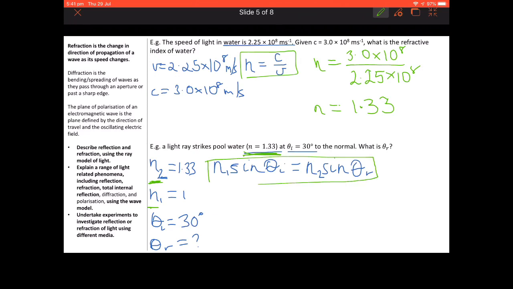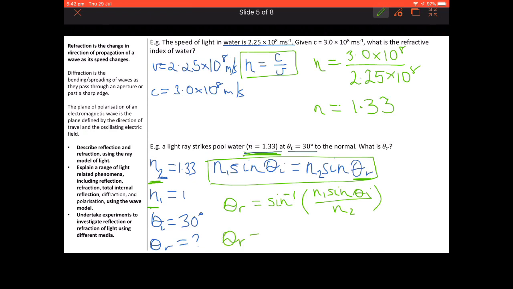So we want to rearrange this rule to make our angle of refraction the subject. So rearranging this for the angle of refraction will be inverse sine of N1 sine angle of incidence divided by N2.